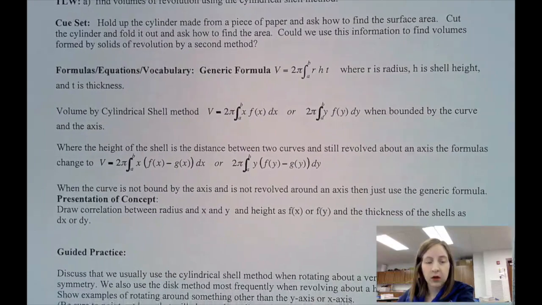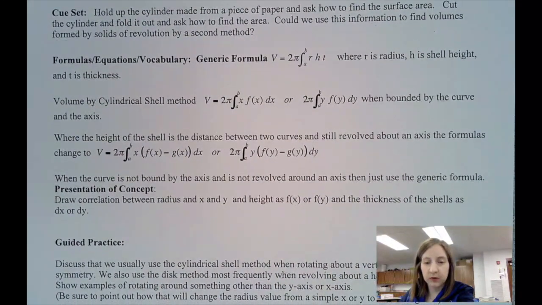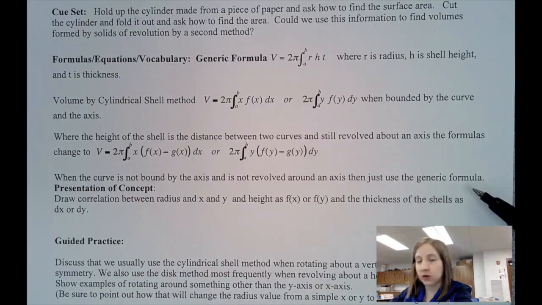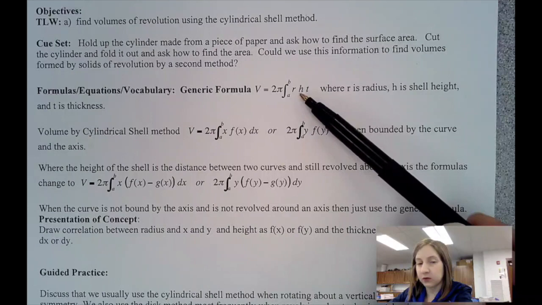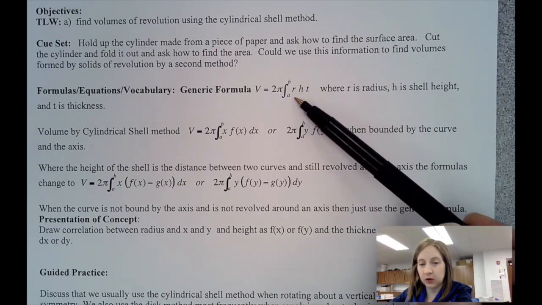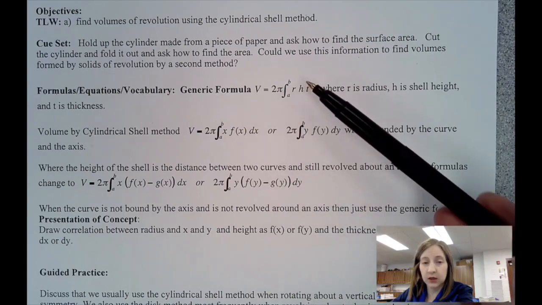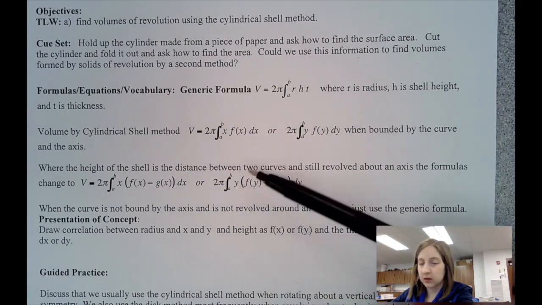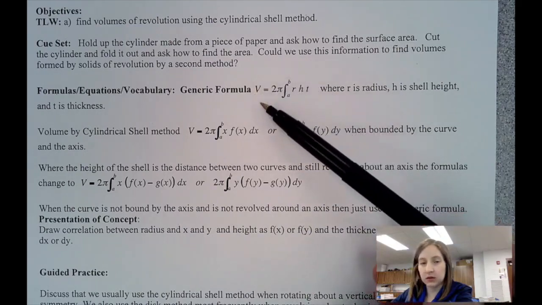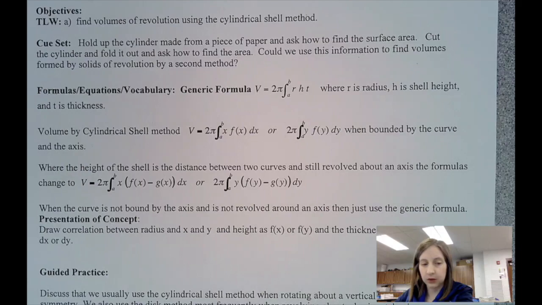When the curve is not revolved around an axis, just use the generic formula: figure out the radius and the height on your own based on the information that you have. You don't really need to worry about these formulas. And you can always come back to this, even if it does fit one of these special cases. I always just come back to this, look at my situation, and fill this in.